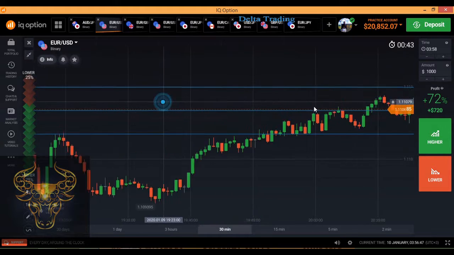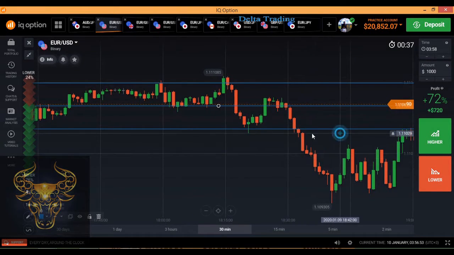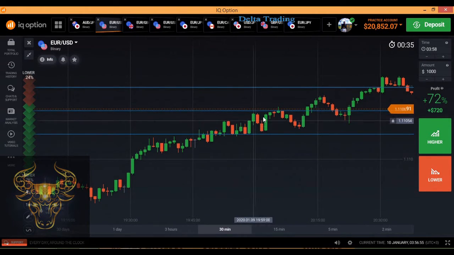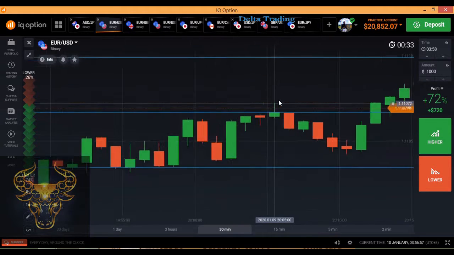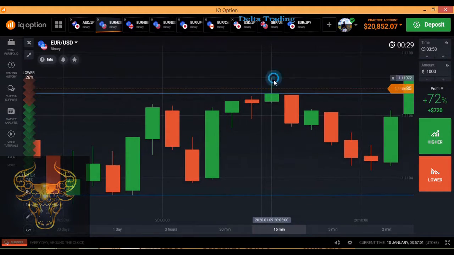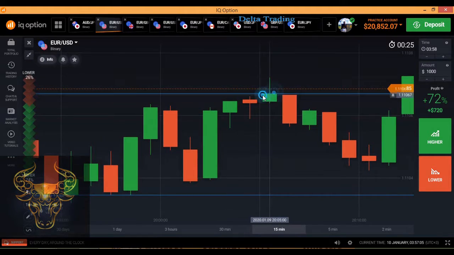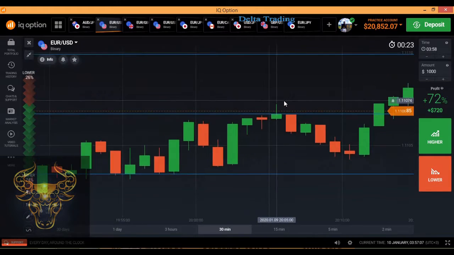You remember? So here this is support. After going back down, it touches this level again and there is a rejection, and it closes exactly at the resistance level.